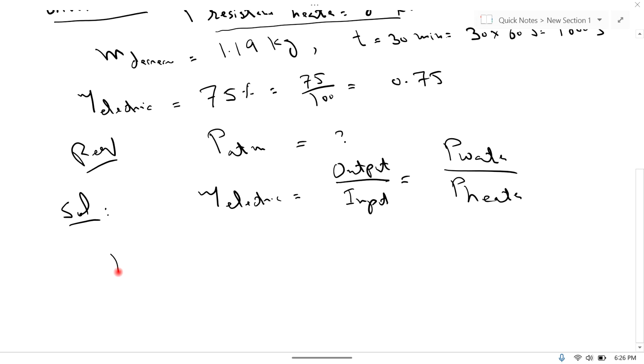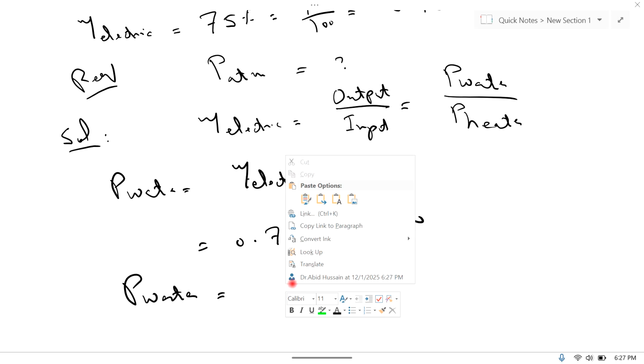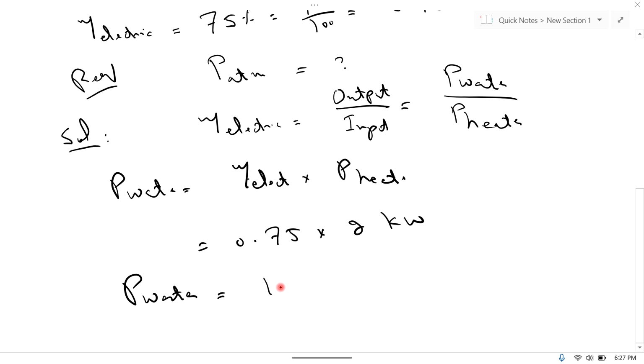So P of water, cross multiplying this equation, is electric efficiency multiplied by power of heater. Electric efficiency is 0.75 and power of heater is given as 2 kilowatt. So power transferred to the water is 0.75 multiplied by 2, which is equal to 1.5 kilowatt, and kilowatt is also equal to kilojoule per second.